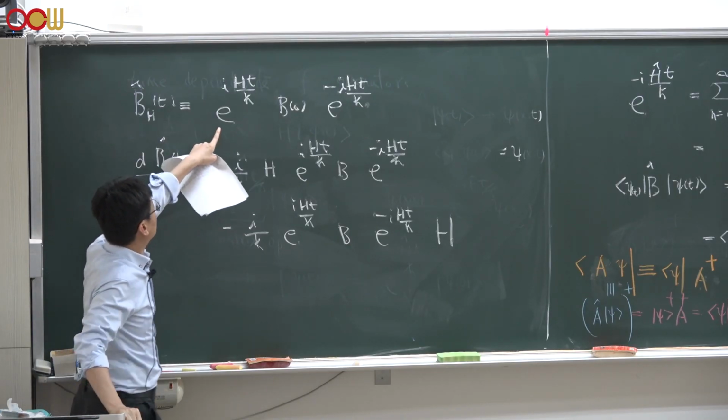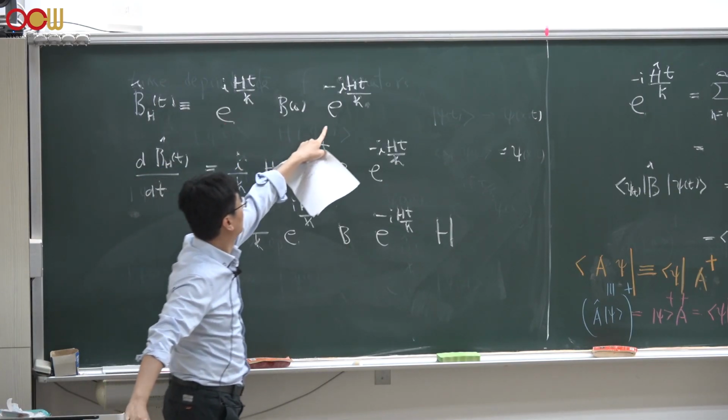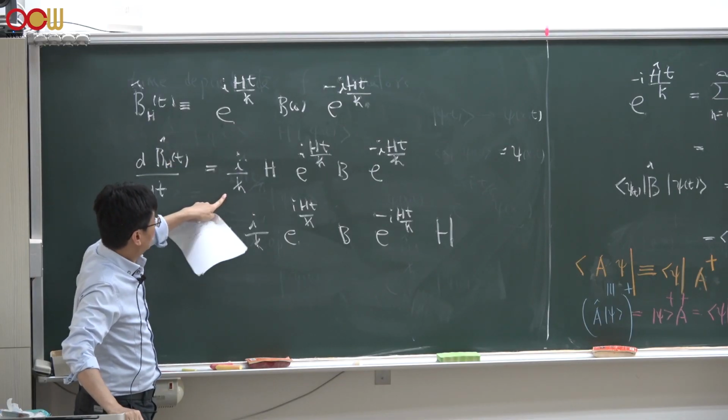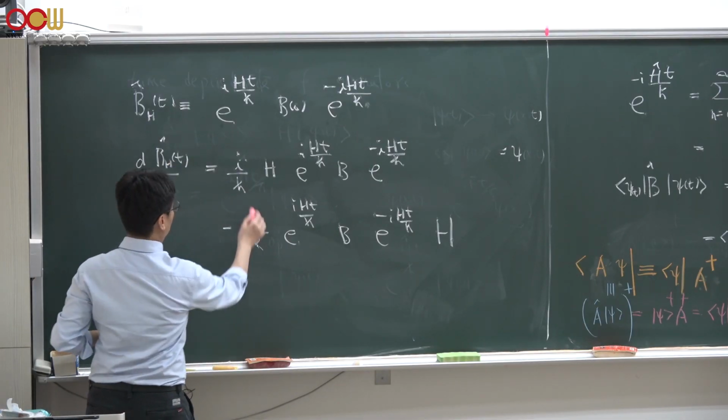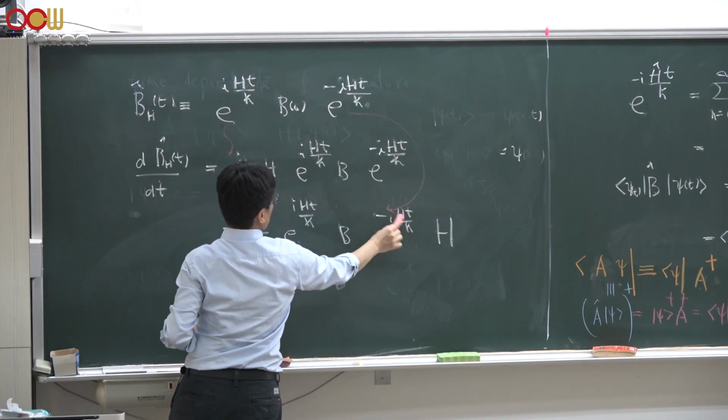So if you take the differentiation of this operator with respect to time, you get 2 contributions. One is the differentiation of that exponential, plus iHt over h bar. Another is the minus iHt over h bar. And the first term gives you that result, and the second term is this.